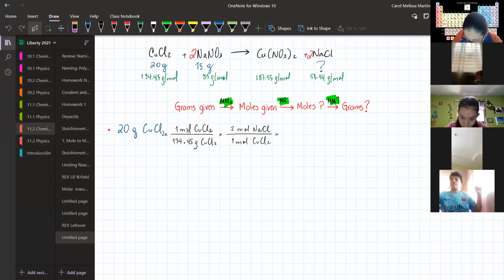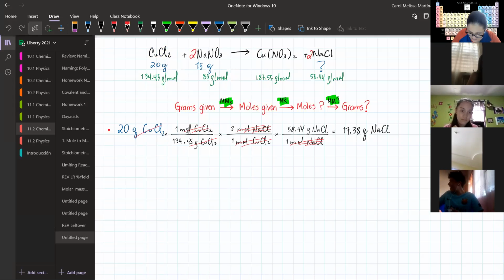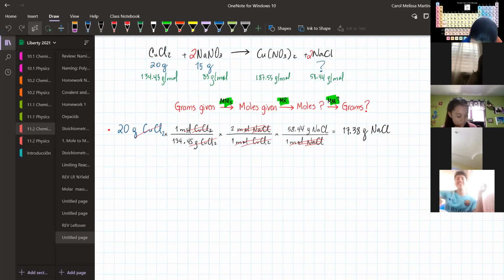And in the last step, the molar mass of the unknown, that is 1 mole NaCl, 58.44 grams of NaCl. How much do you get from this? 17.38 grams of NaCl.